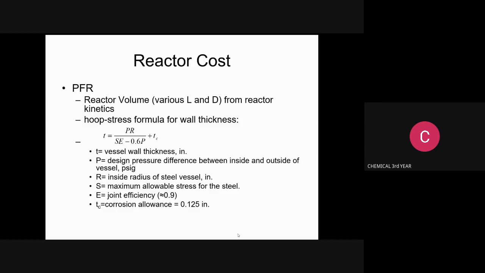This is not unfair. We have to check the product quantity and also quality. For that, we have to analyze the reactor kinetics. Why do we have to analyze the reactor kinetics? This is simple. We already know if I reduce the reactor volume, automatically the reactor cost will become low.